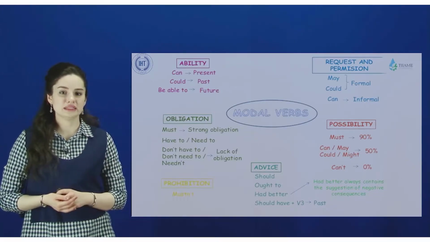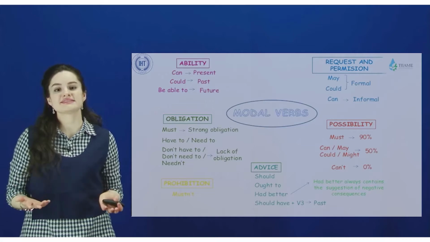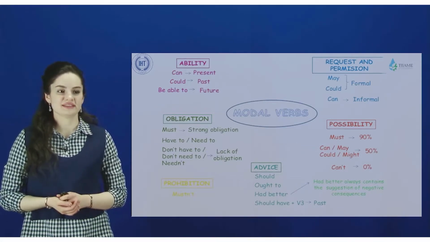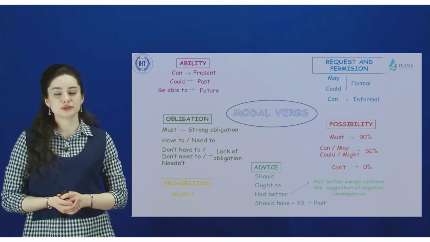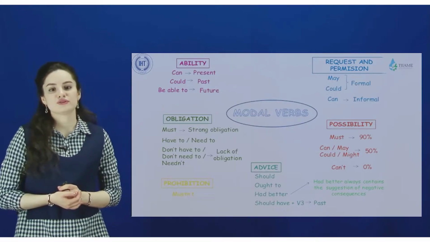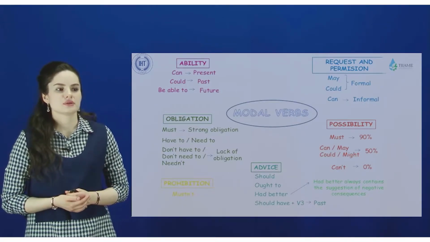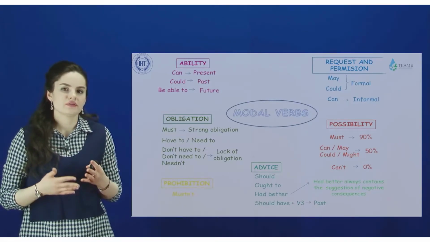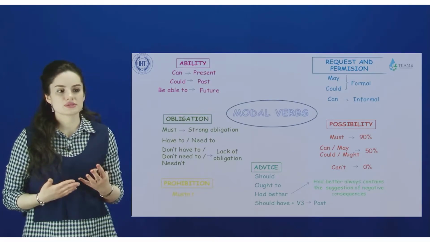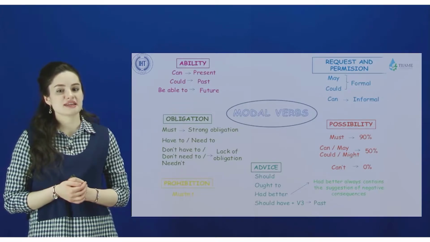Have to, need to, when you don't have any wish but there is a necessity to do something. And don't have to, don't need to, the negative form, or lack of obligation, in other words. You may see some other points also, and we have a summary table.